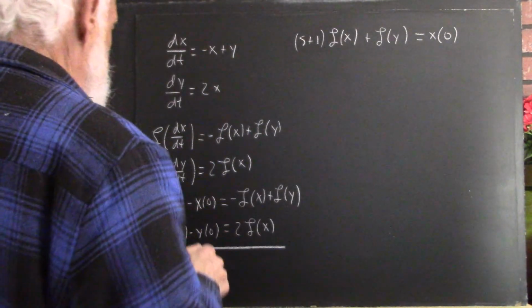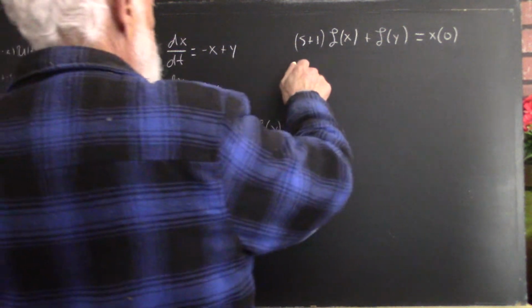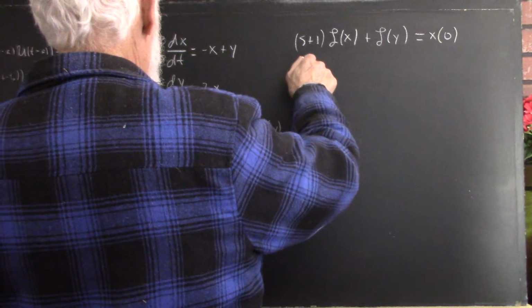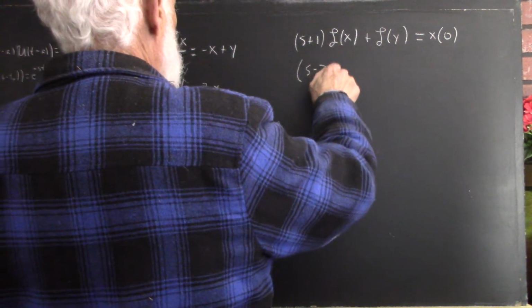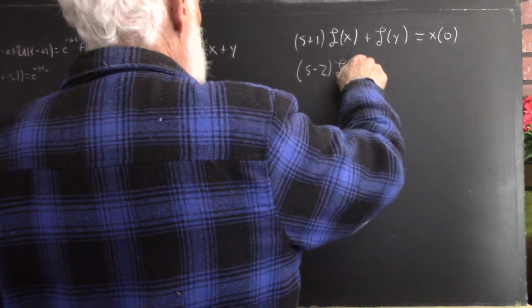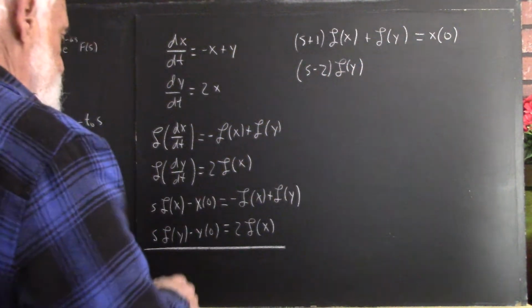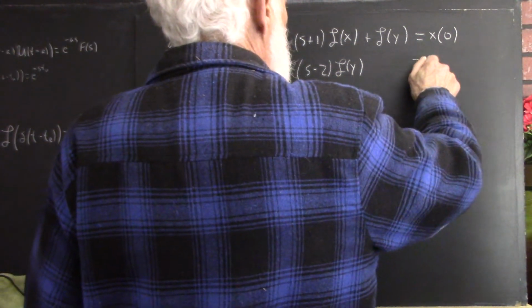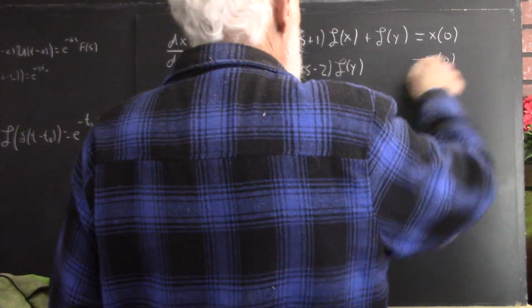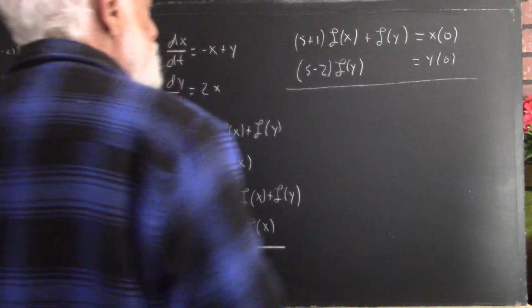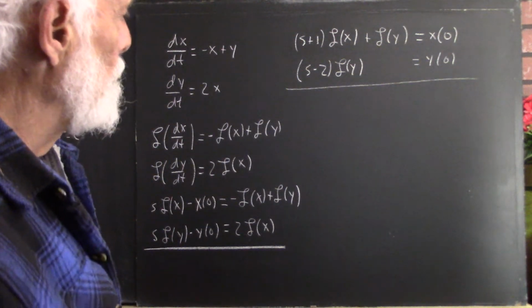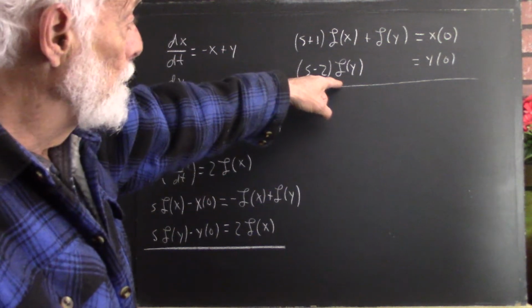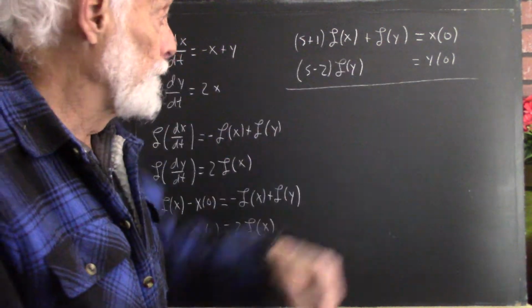x of 0. Down here, we get s minus 2 L of y. Okay, bring the 2 over here, equals y of 0. Okay, well then, L of y equals y of 0 over s minus 2.